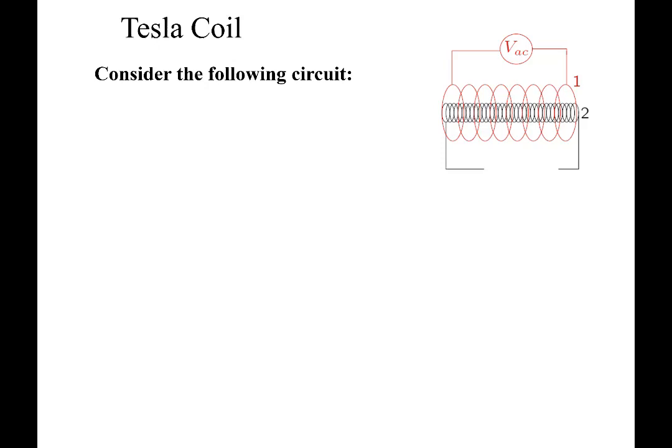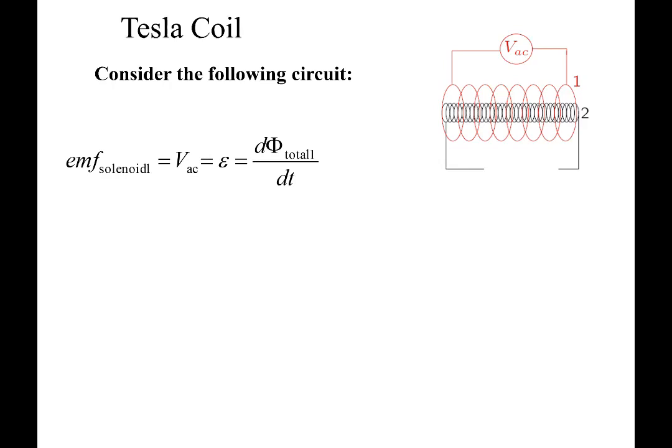So let's look at how we would analyze this circuit, and exactly how much induced voltage we can get out of coil 2 given a particular input voltage that is an alternating current signal into coil 1. First, we recognize that for coil 1, or here solenoid 1, the voltage that we're talking about is simply the voltage of the alternating current input.